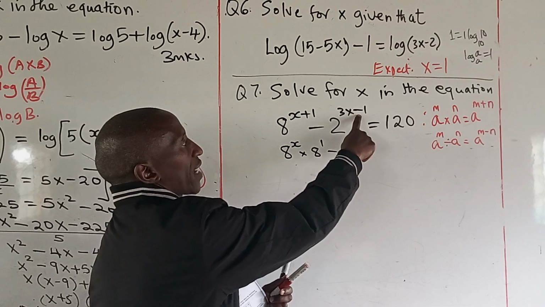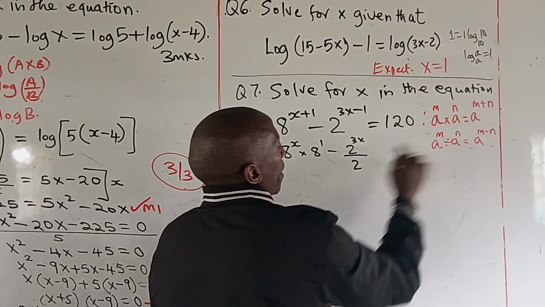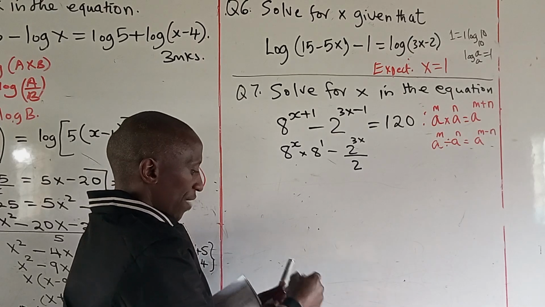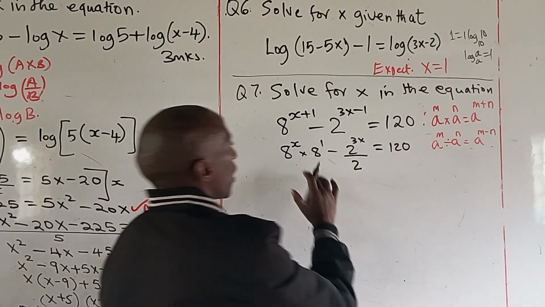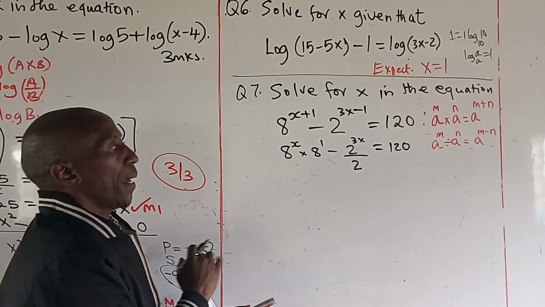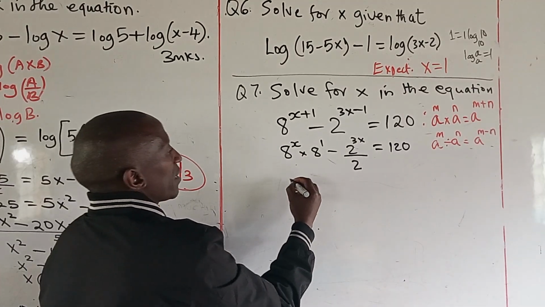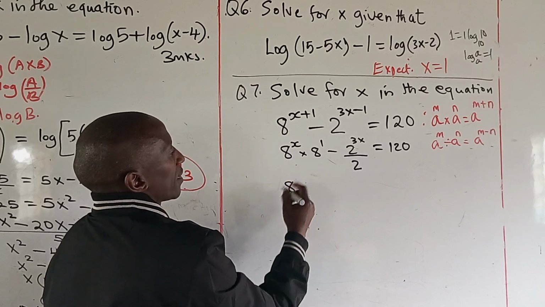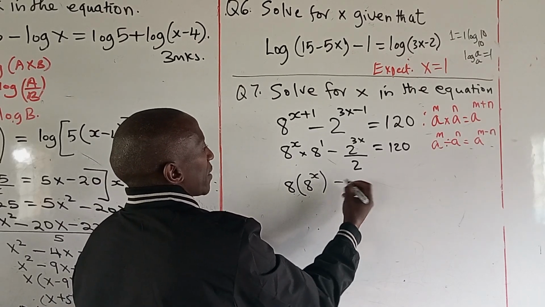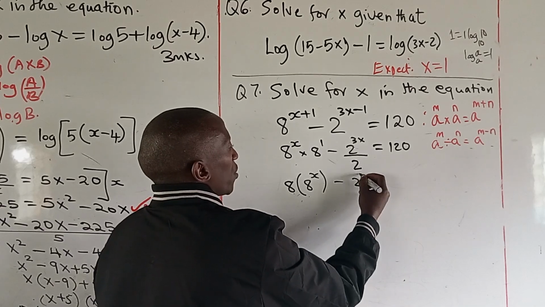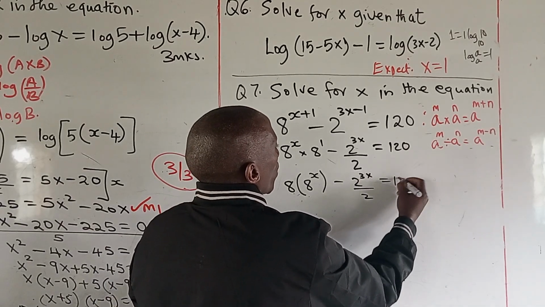So the powers are subtracted, we divide the numbers, and that is what we have done at that level, and this comes to be equal to 120. We can work this out, and this is going to give us 8 into 8 to the power x minus 2 to the power 3x, all over 2, is equal to 120.